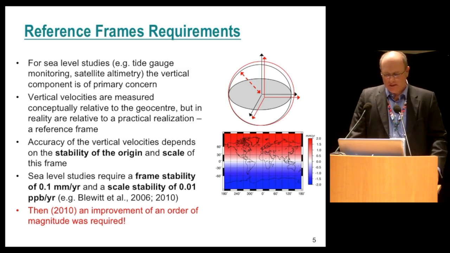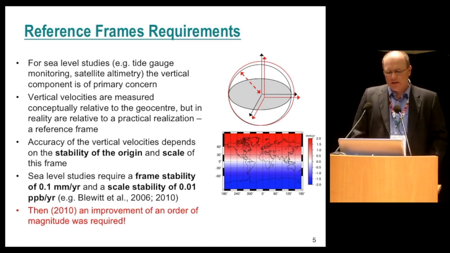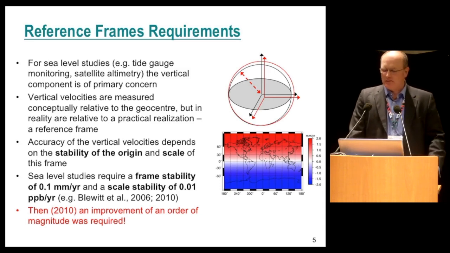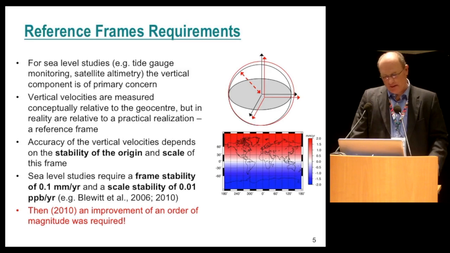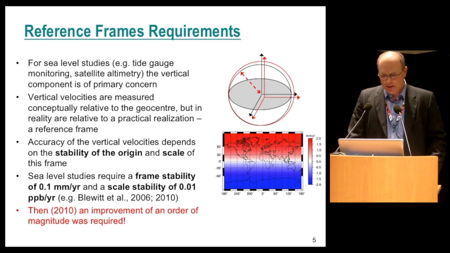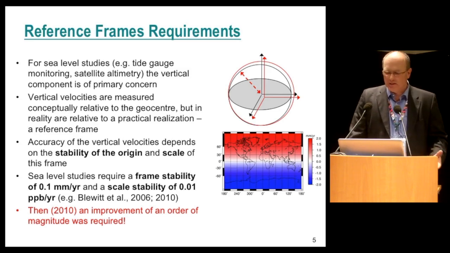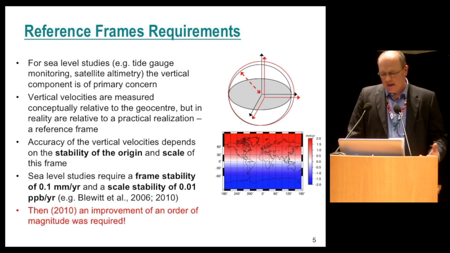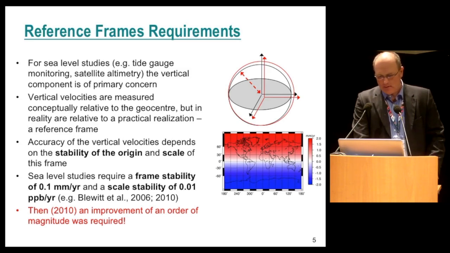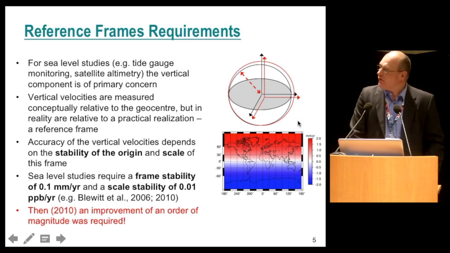And in various meetings in the noughties, in 2006, and later published in a book in 2010, a report by a group of people from here was that we needed a frame stability of 0.1 millimeters per year and a scale stability of 0.01 parts per billion per year. And then this meant an improvement in our reference frame by an order of magnitude. What we see on the right is just an illustration of what a scale change and change in the origin actually does.